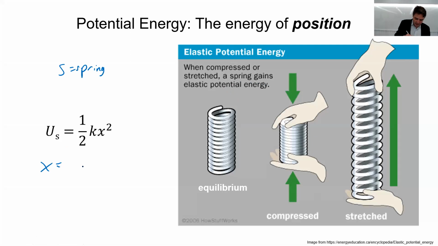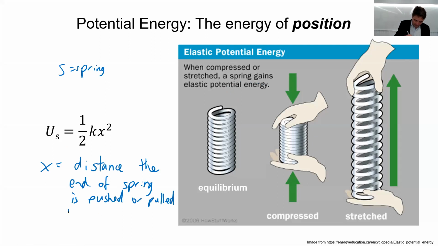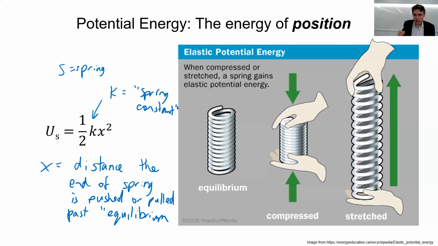So x is the distance the end of the spring is pushed or pulled past equilibrium. And we'll talk more about this in a bit. And this thing k is called the spring constant. Just want you to know that if you have a loaded spring, it has some potential energy as well.